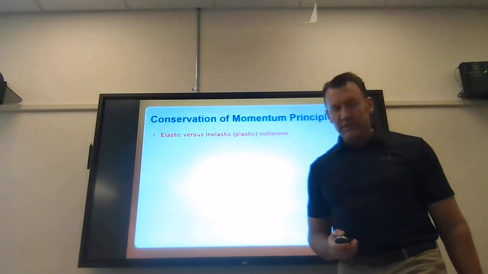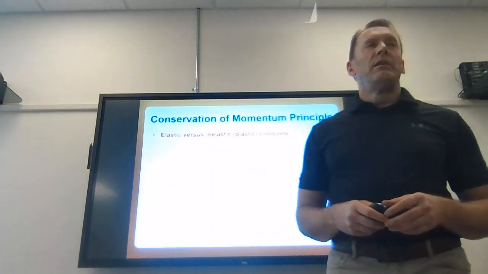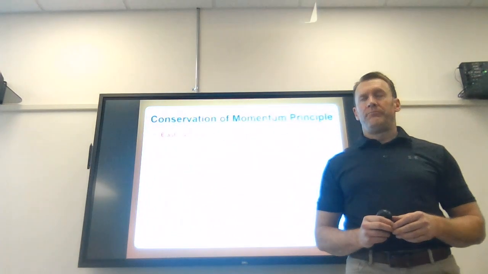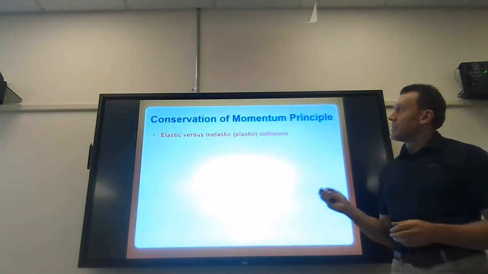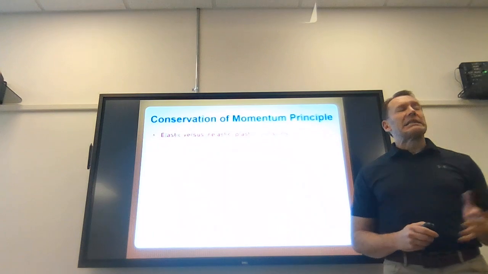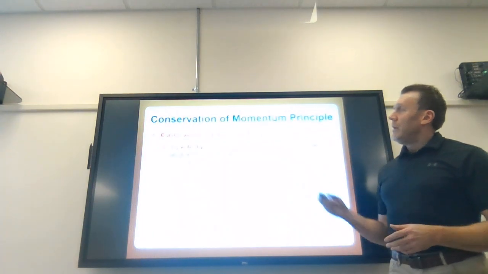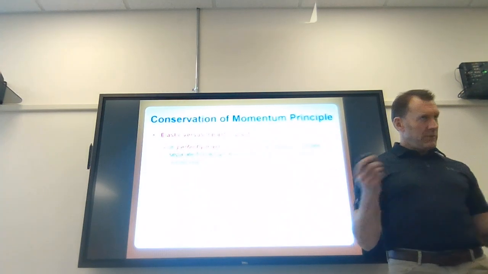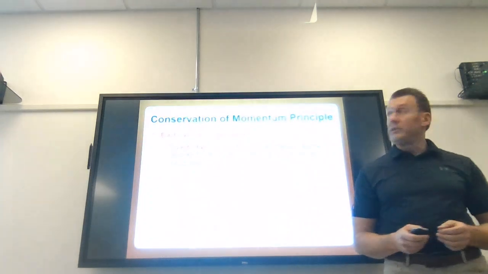So we have two different types of collisions. We're going to assume at this point that momentum is 100% conserved with each of these. So we have elastic versus inelastic. Sometimes inelastic collisions are called plastic collisions. So in a perfectly elastic collision, we're assuming total momentum is conserved at this point.